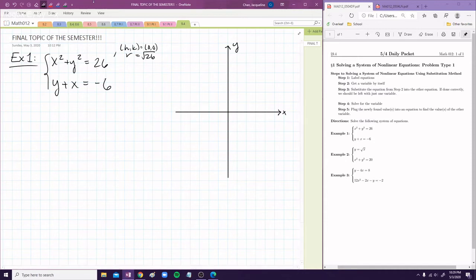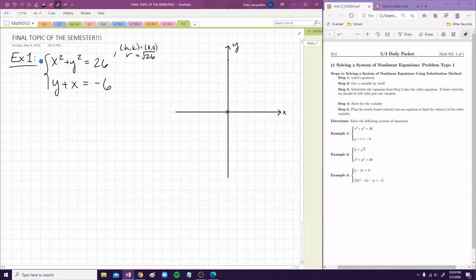So if I graph that, I'll do that in blue. The square root of 26: I know the square root of 25 is 5, so the square root of 26 is barely bigger than 5. I'm just going to count 1, 2, 3, 4, 5, and go a little above. I kind of skipped a few steps.